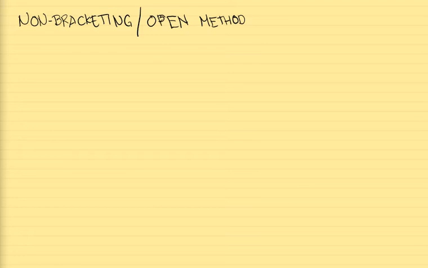From our syllabus, we will be discussing two types of non-bracketing or open methods, the Newton-Raphson and the second method. Perhaps the most widely used of all root locating formulas is the Newton-Raphson.